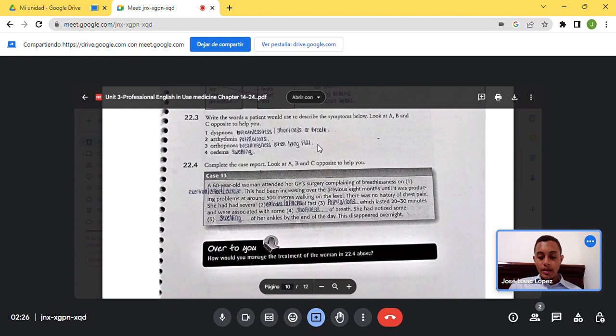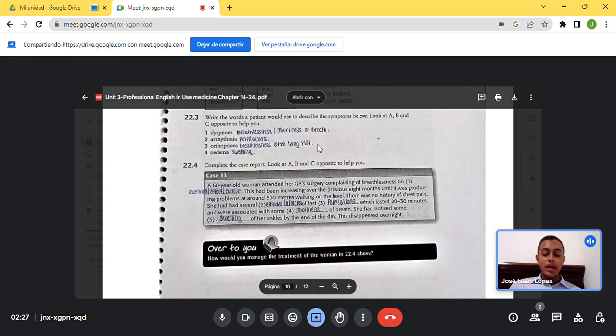Eso es palpitation. It is a symptom, palpitation. Next is orthopnea. That means in English breathlessness when lying flat.